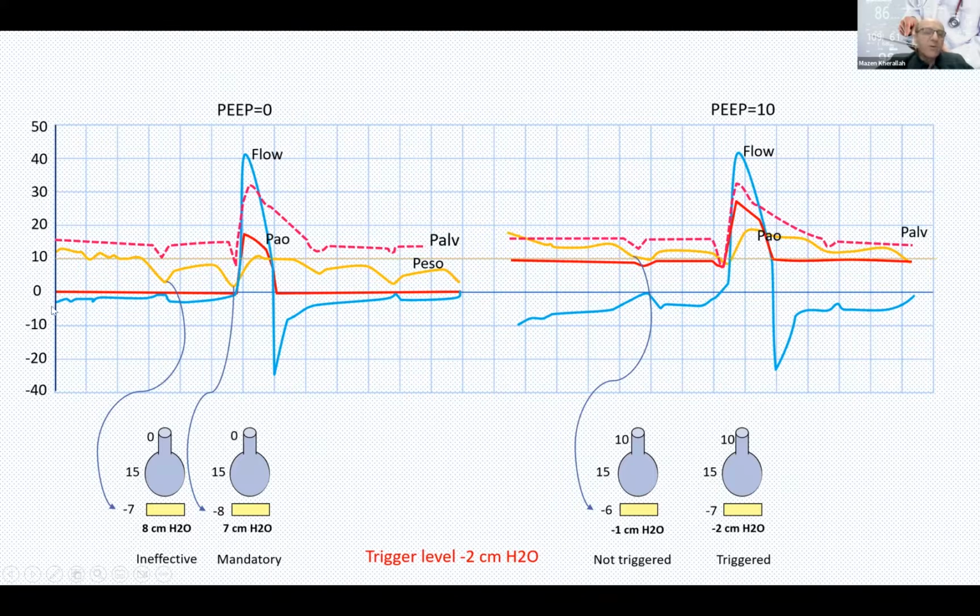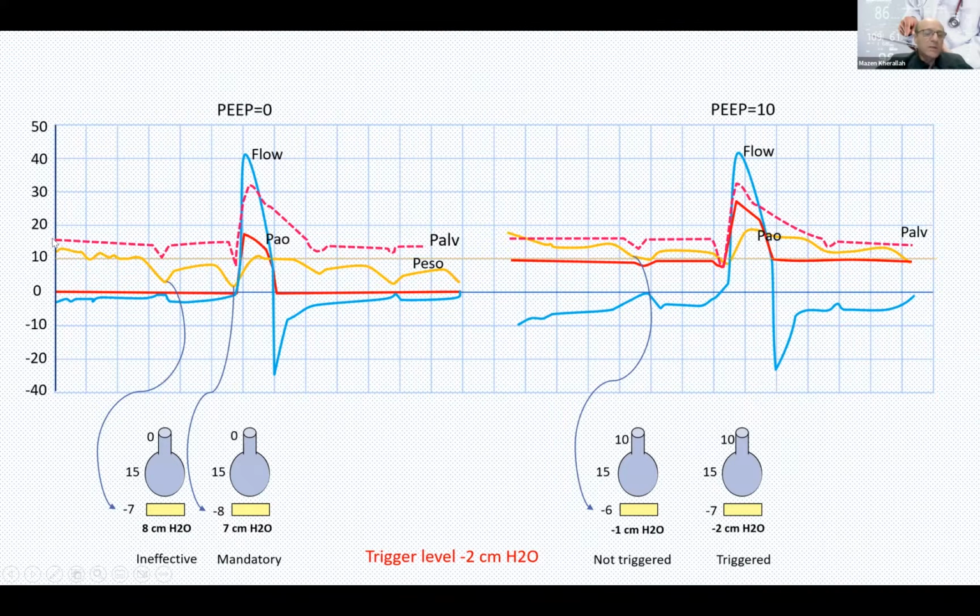Then you have the flow in light blue, and you have the esophageal pressure in orange color. So let's try to analyze this graph wave by wave.